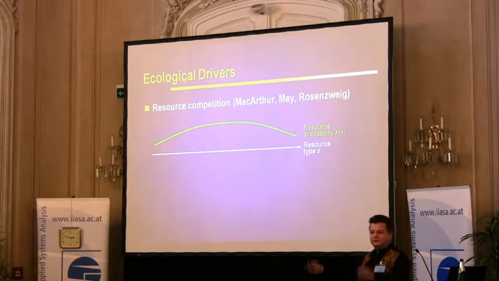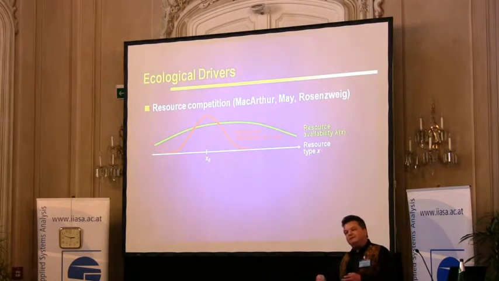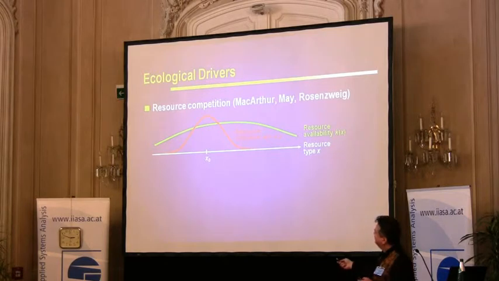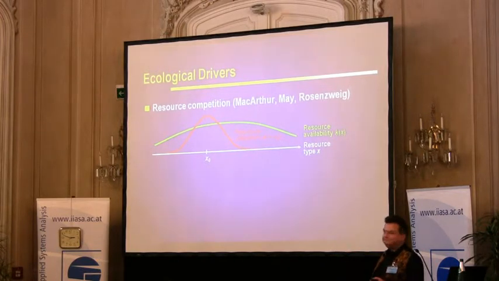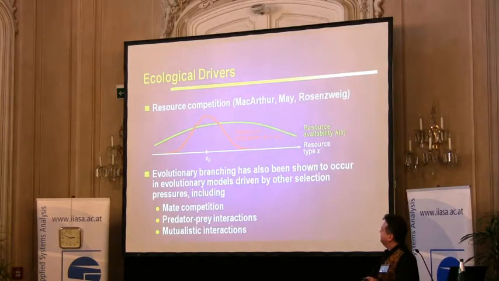If it's multimodal, we consider a unimodal part. And then we consider competition, which is strongest when individuals are specialized on the same resource. So a consumer specialized on this resource has strong competition a little bit to the left and to the right, but very little competition with consumers further away. So that suffices to get evolutionary branching.